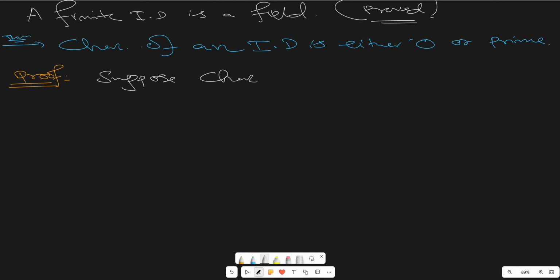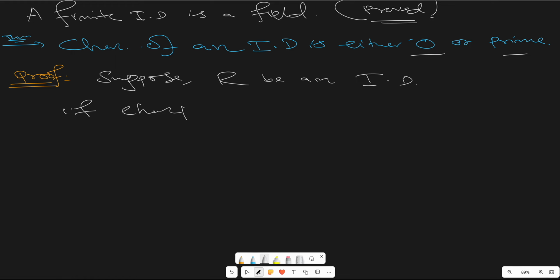Let us assume this. So I have to show the characteristic of R is either 0 or a prime number. Okay, if the characteristic of R is 0, then I am done, because I have to show either 0 or prime.